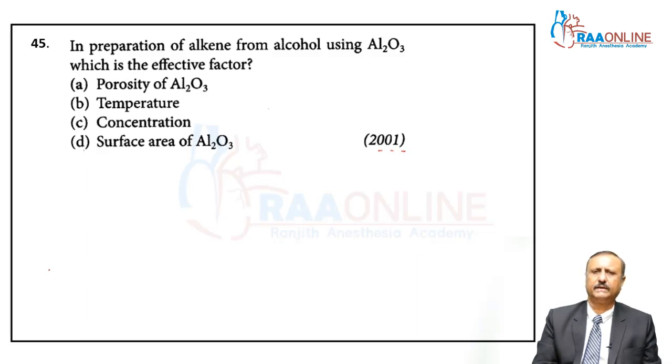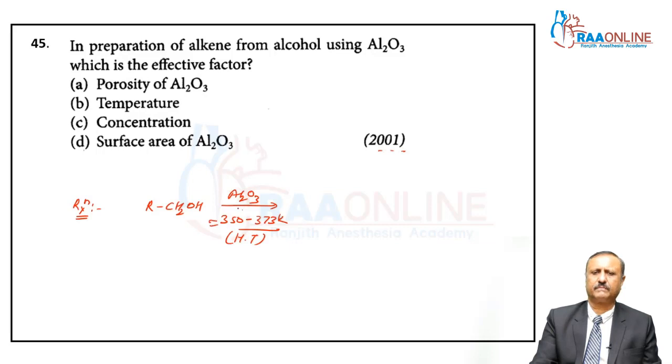In the preparation of alkene from alcohols using Al2O3, which is the effective factor, my dear students? What is the reaction? You can see here this is the alcohol RCH2CH2OH, and when heated with Al2O3, the temperature must be 350 to 373 Kelvin approximately, means high temperature is given.